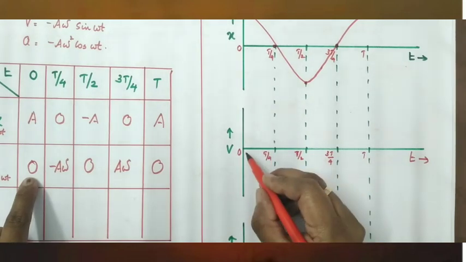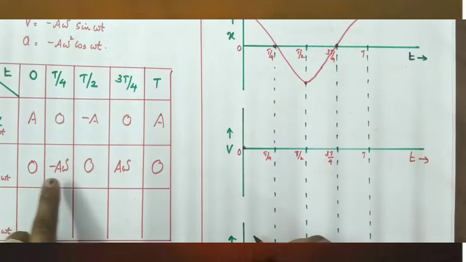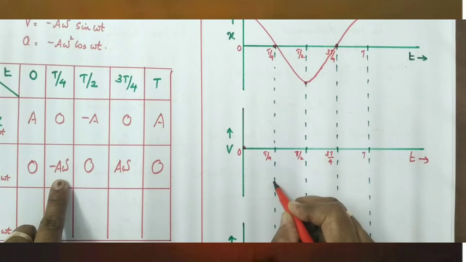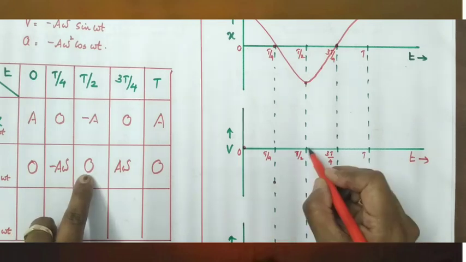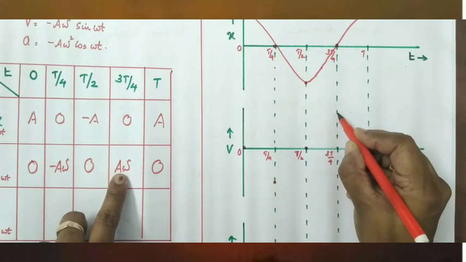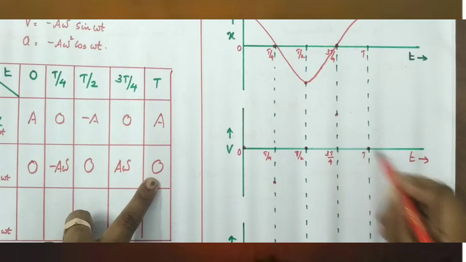Starting at time t equal to 0, velocity is 0. At T by 4 velocity is minus a omega, minus means negative, downward. Then at T by 2 it is 0, at 3T by 4 it is maximum. Then at time period T, it becomes 0.